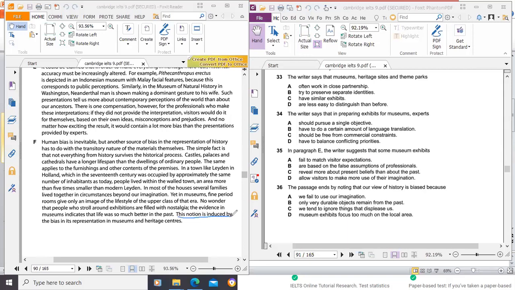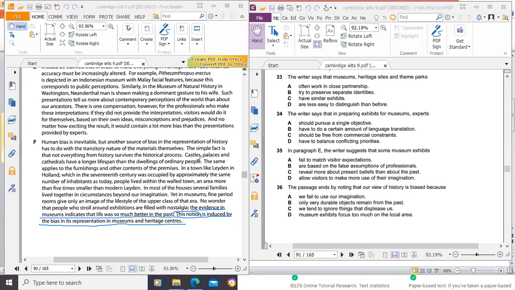This notion is induced by the bias in its representation in museums and heritage centers. Now that takes me, which notion? Okay. The notion, the evidence in museums indicates that life was so much better in the past. Okay, is that the notion?